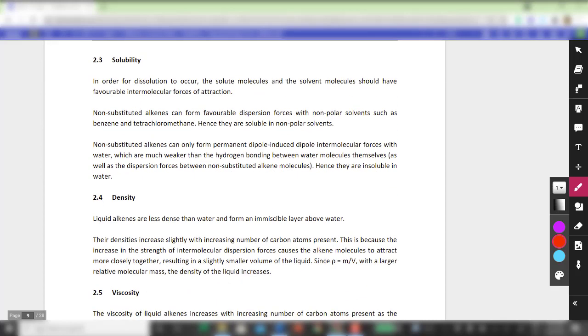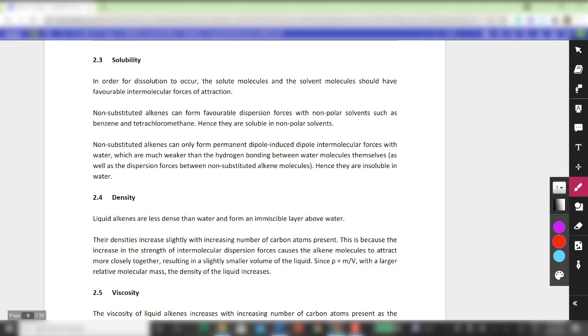Okay, for solubility, as we learned earlier on, they are relatively non-polar, so usually they will not dissolve in polar solvents. And for density, being non-polar organic compounds, usually they are not as dense as water.